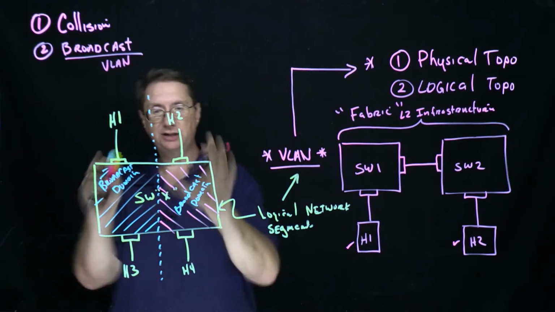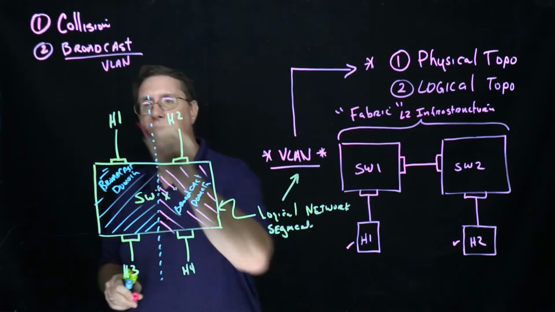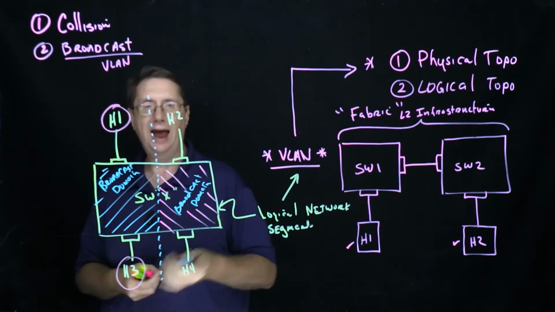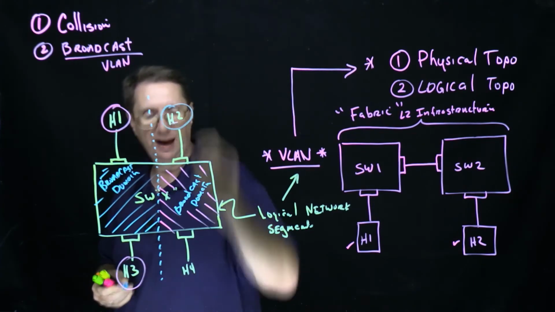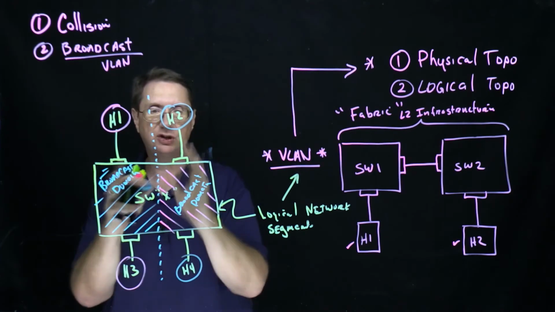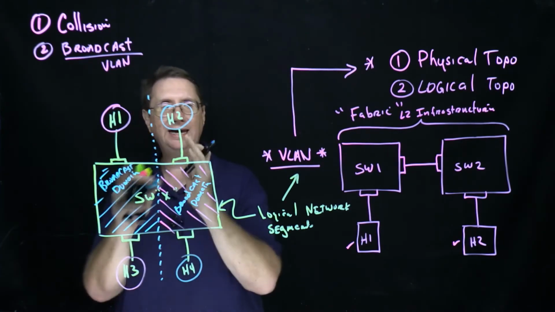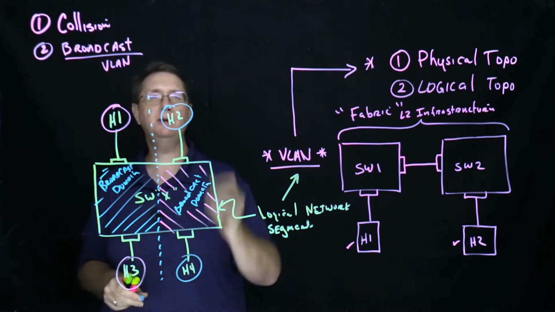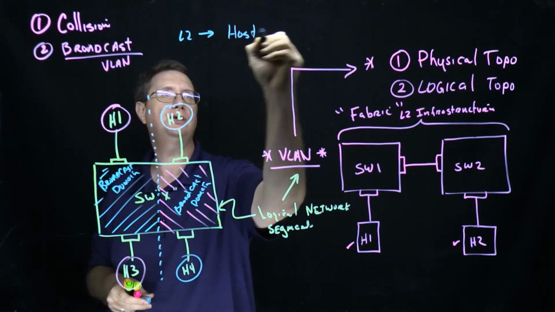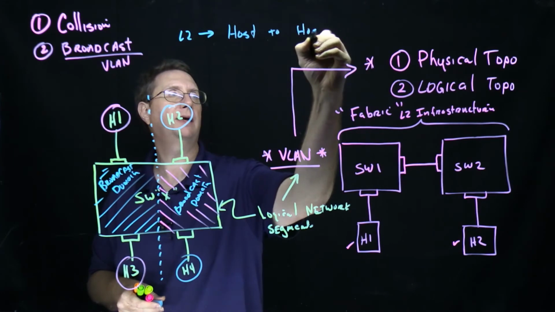What that translates to in this specific scenario is that this device and this device can talk to one another, and this device and this device can talk to one another, but I cannot talk inside of this switch between these networks, because remember I said that Layer 2 communication was host to host communication.